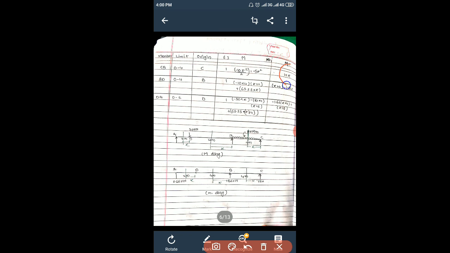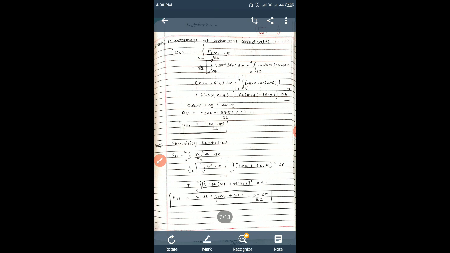We multiply this value with this value, plus this value with again this value, m1 into m1, again m1 into m1, like this. So we have simply squared all the values and solved for F11. It is 53.65 upon EI.